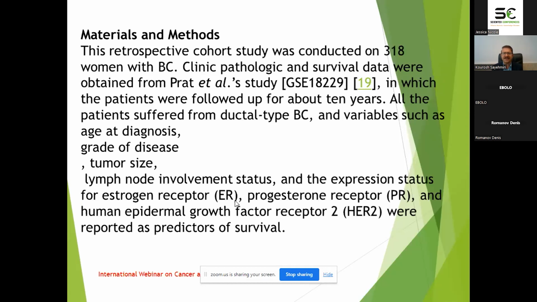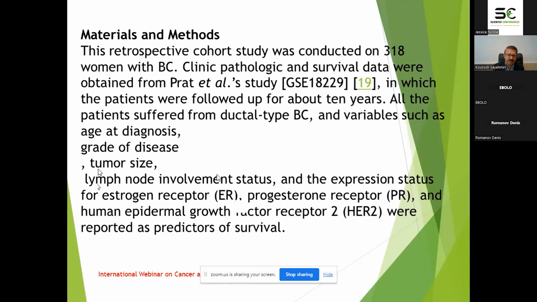Clinical, pathological, and survival data were obtained from several sources. We compare age at diagnosis, grade of disease, tumor size, and lymph node involvement. We chose these patients from hospitals in Ilam, from Ilam University of Medical Sciences.